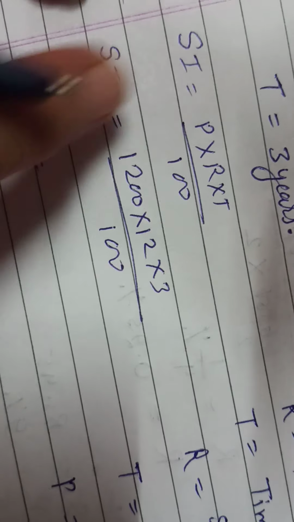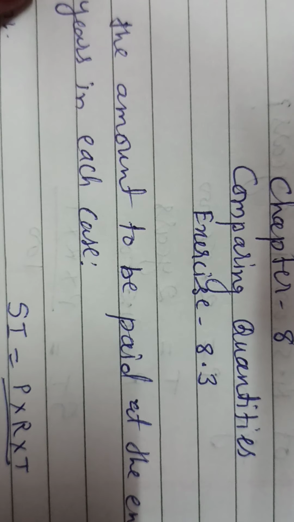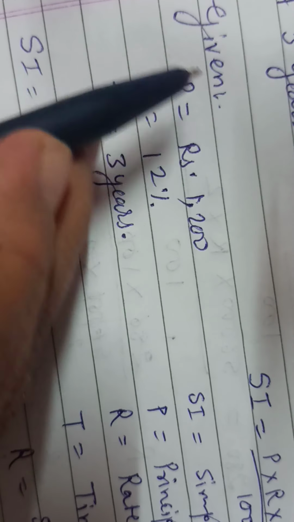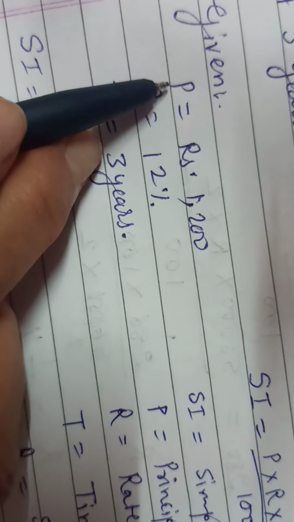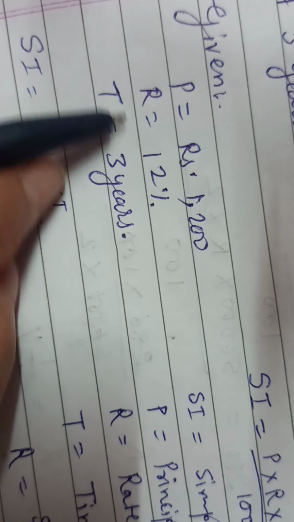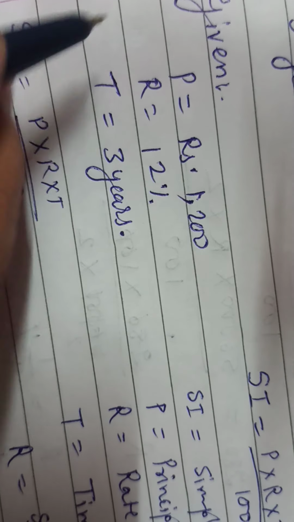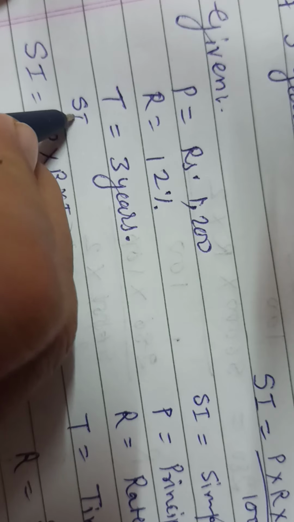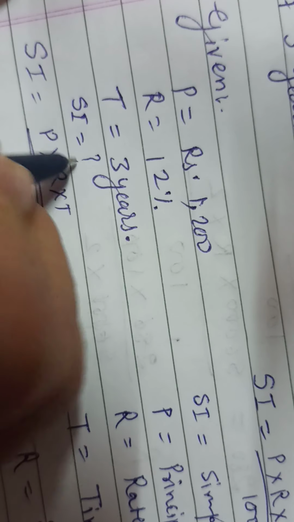So here in question number 9, find the amount to be paid at the end of 3 years in each case. We will write what is given in this question: P is equal to this, R is equal to this, and T is equal to this. We have to find SI is equal to question mark.